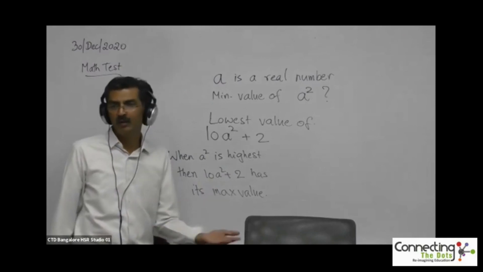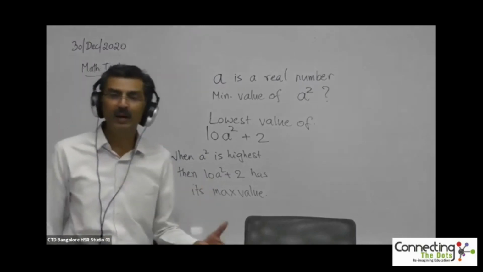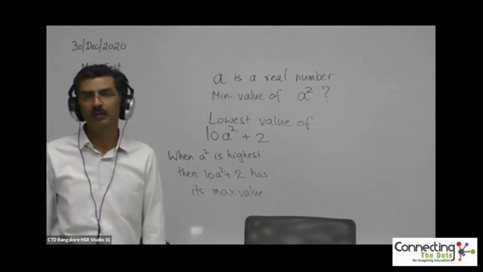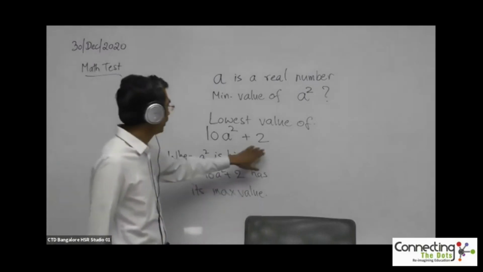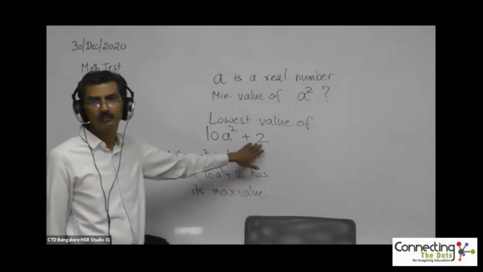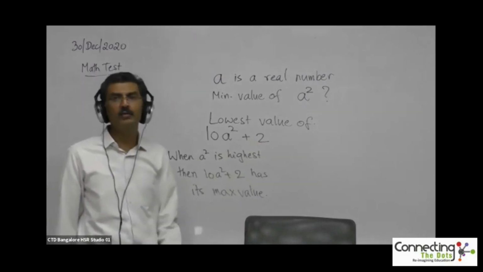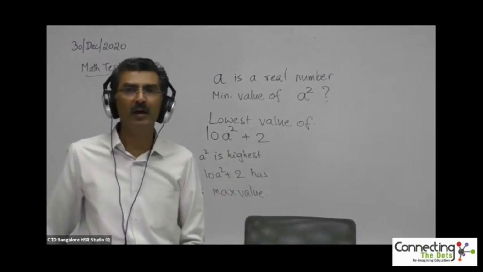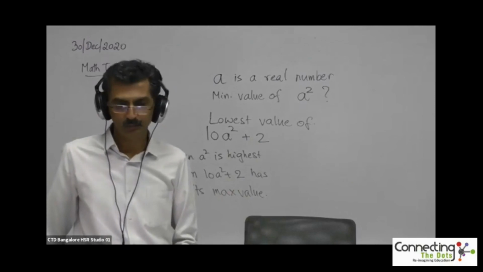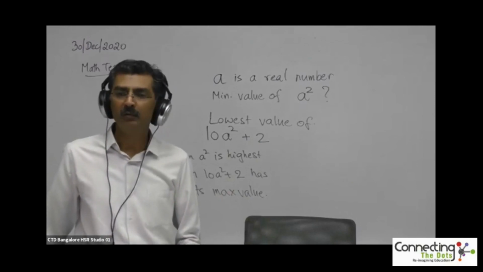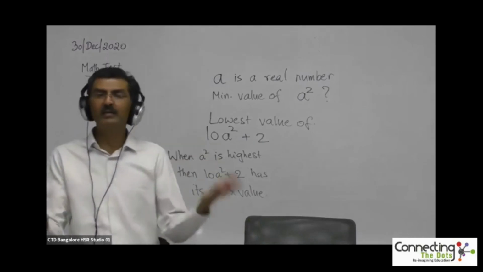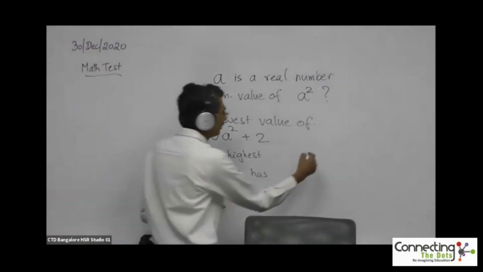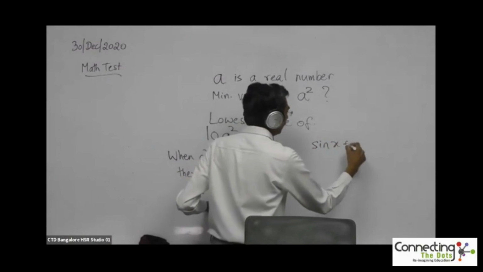So the lowest value of a square is 0. And at that time, this becomes 2. So the answers to that question are maximum value 12, minimum value 2.